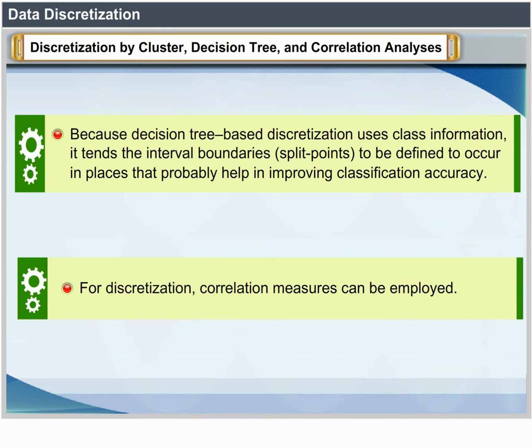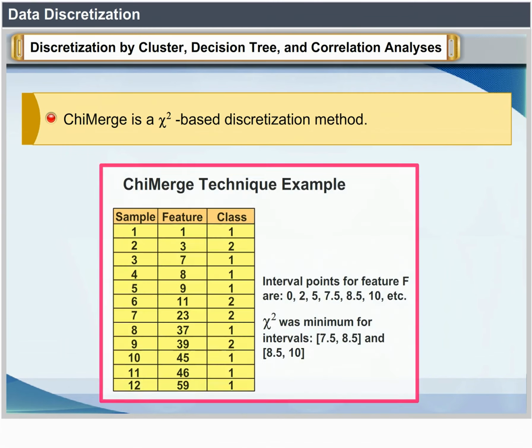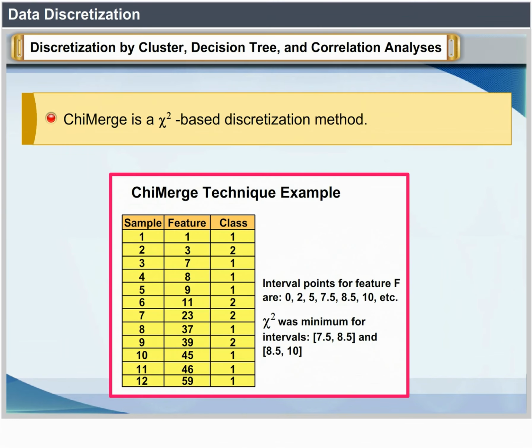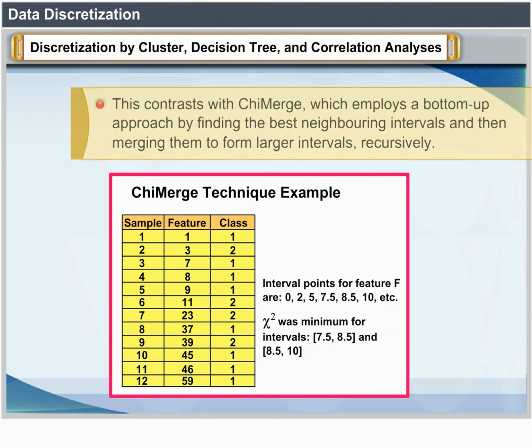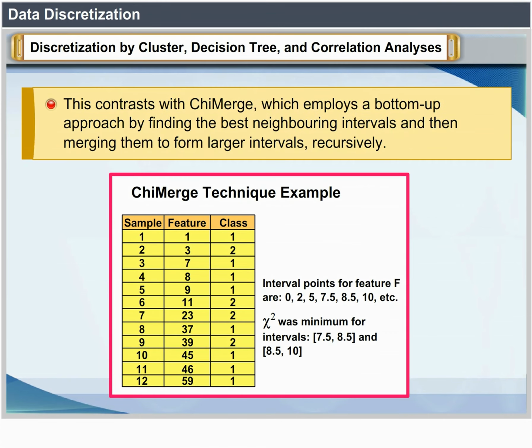Measures of correlation can be used for discretization. Chi-merge is a chi-squared based discretization method. The discretization methods that we have studied up to this point have all employed a top-down splitting strategy. This contrasts with chi-merge, which employs a bottom-up approach by finding the best neighboring intervals and then merging them to form larger intervals recursively.